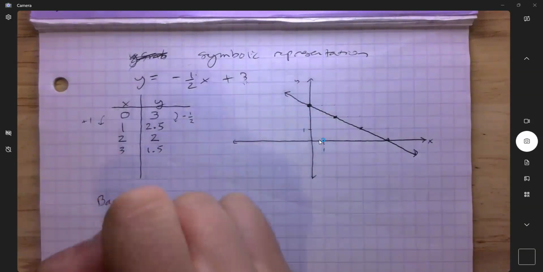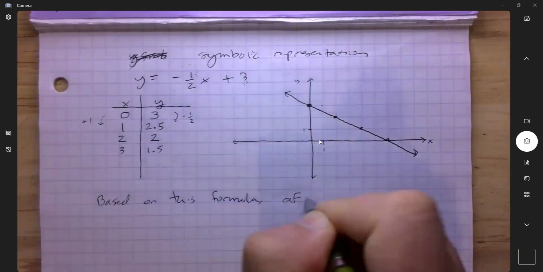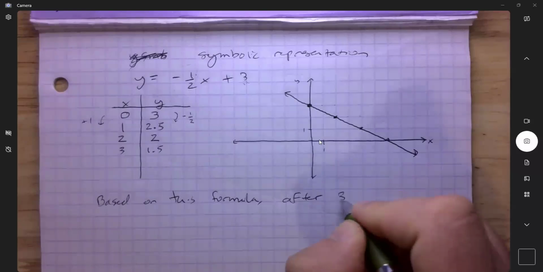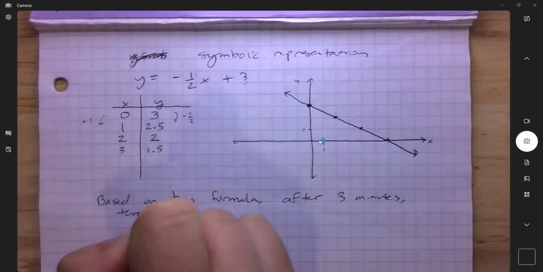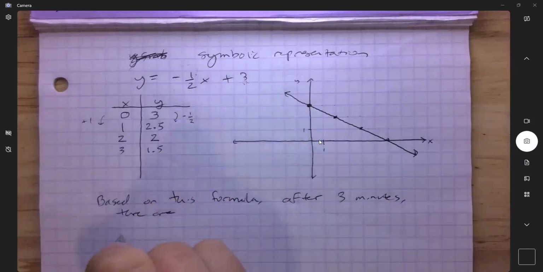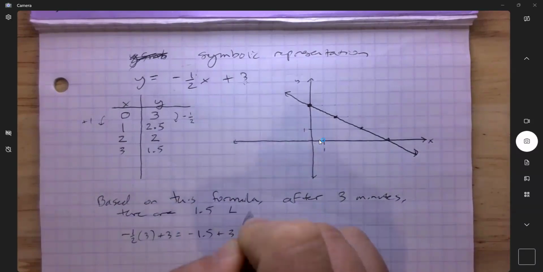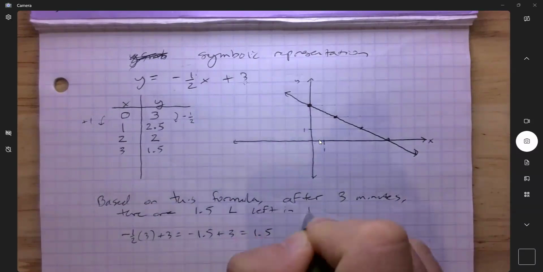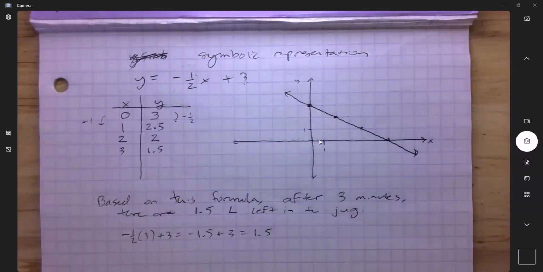So based on this formula, after 3 minutes, there are, so now we would use our formula, -1/2 times 3 plus 3 is -1.5 plus 3, which is 1.5. There are 1.5 liters left in the jug. That's how you use slope-intercept form.